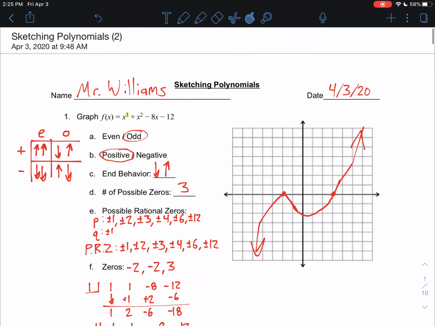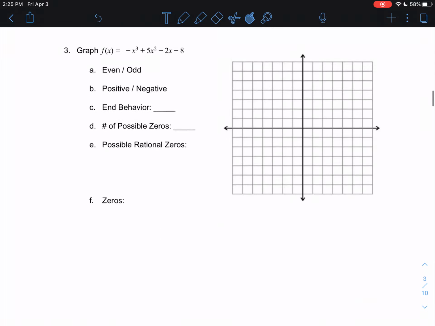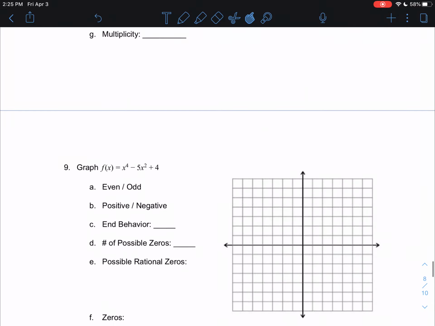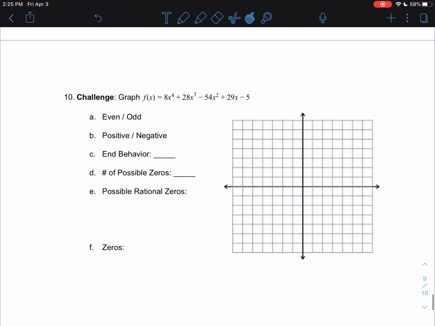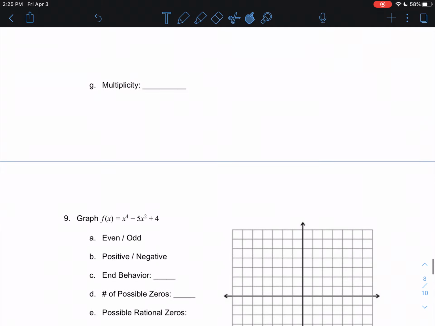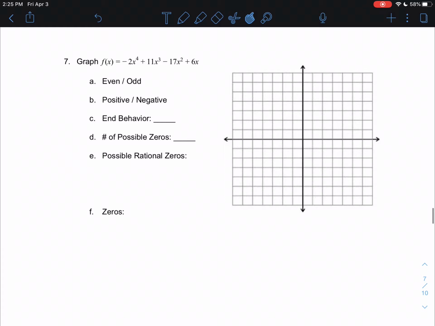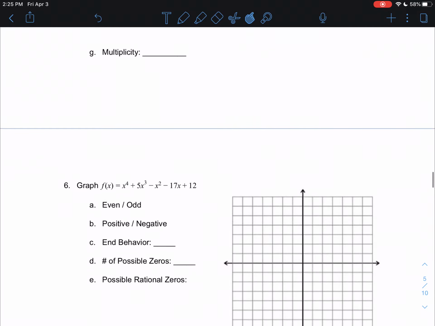So this packet, it's supposed to be a packet, but I'm giving it to you online, has 10 questions. By the way, number 10 here is a challenge. So you don't have to do number 10, but you can if you want to. But we have all these other problems on here.